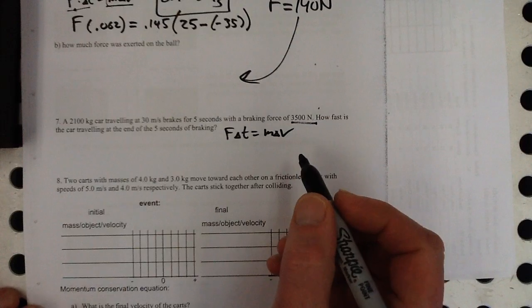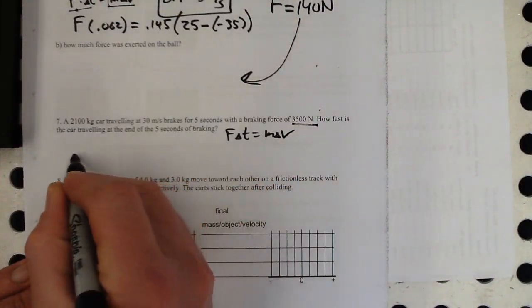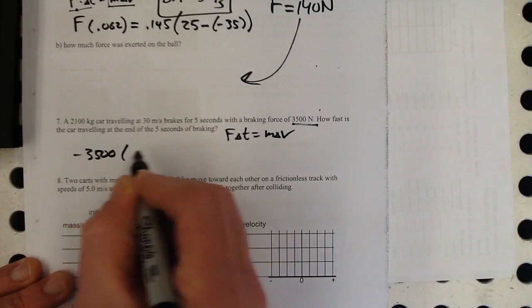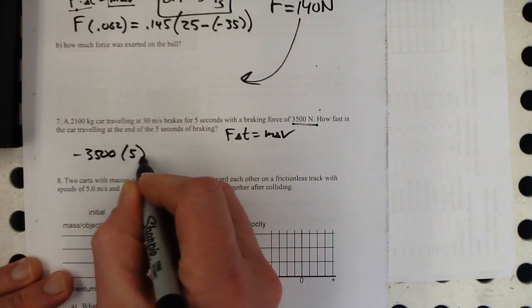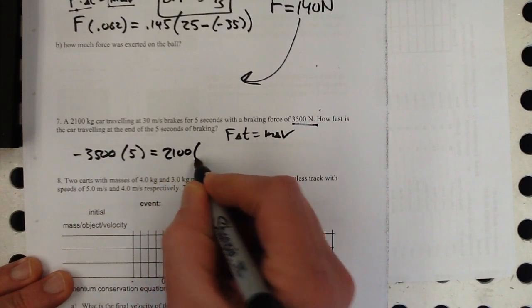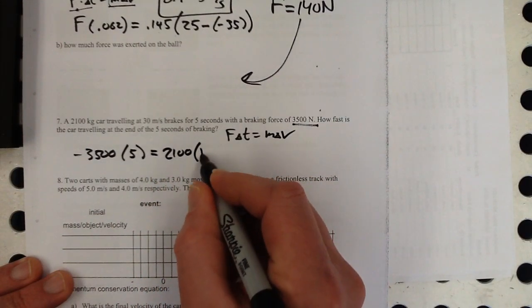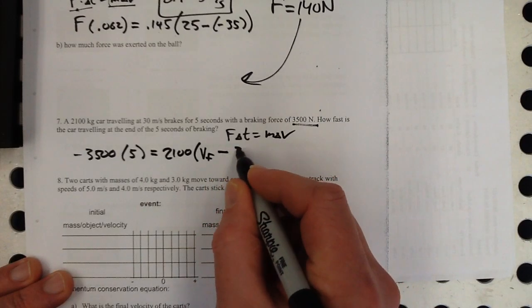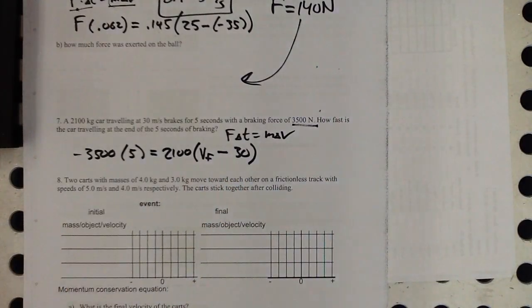Got to respect the different directions. So the force, negative 3,500, times time, 5 seconds, is equal to the mass of the car times final velocity, I don't know, minus initial velocity, which is 30. So that's another algebra problem.